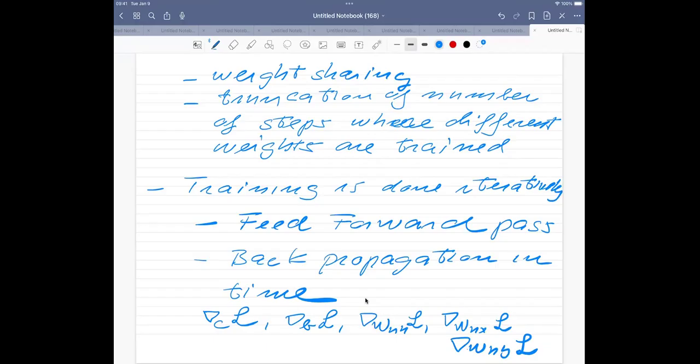Now, one of the quantities which can lead to problems, which you will see quickly now, is this quantity here. Let me write that out, because this can lead to what's called exploding gradients, or we can have vanishing gradients.